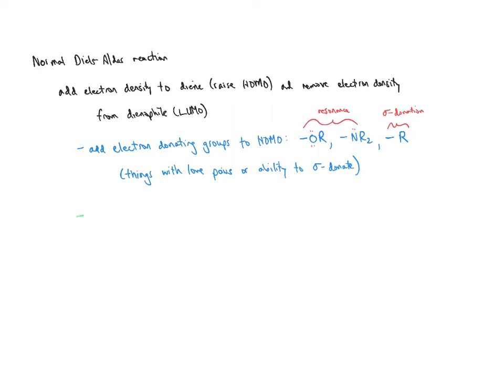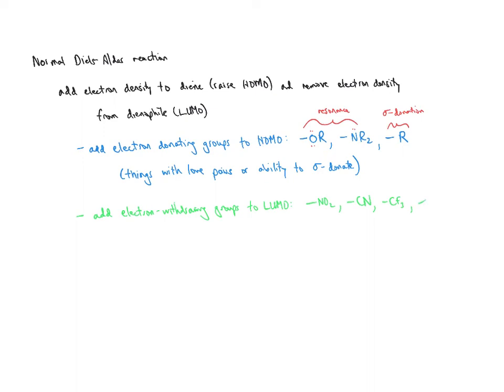In the case of the LUMO, the way to remove electron density from that dienophile is to add electron withdrawing groups. So these are things that are going to remove electron density from the system. These are things like nitro groups, cyanide groups, CF3 groups, any sort of carbonyl group.